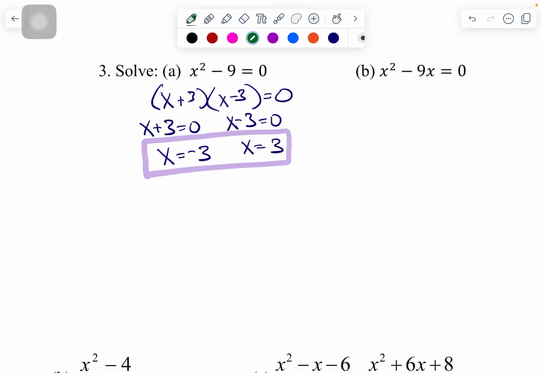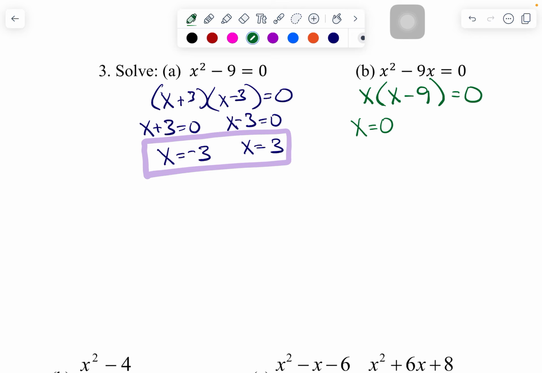Now, part B, I'm also going to factor, but the difference is in part B, these two terms both have a common x. So I'm going to factor out that x first, and then I'm going to have x minus 9 left over, which that's okay. And now I'm going to take each factor and set it equal to 0. Folks, x is a factor.